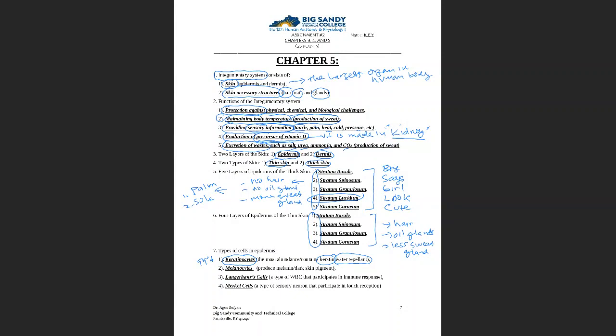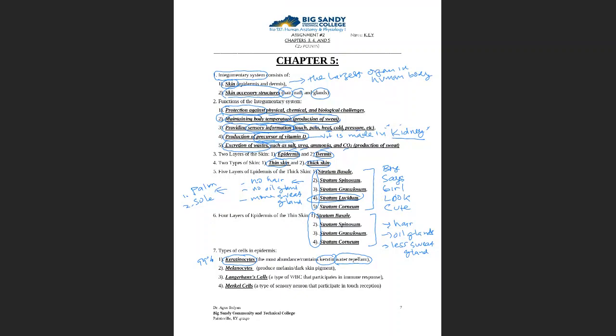And this is also the one that protects against many physical, chemicals, or biological challenges. It protect us against bacteria, protect us against heat, cold, protect us against maybe heat from someone. Okay, so this is the keratinocyte.